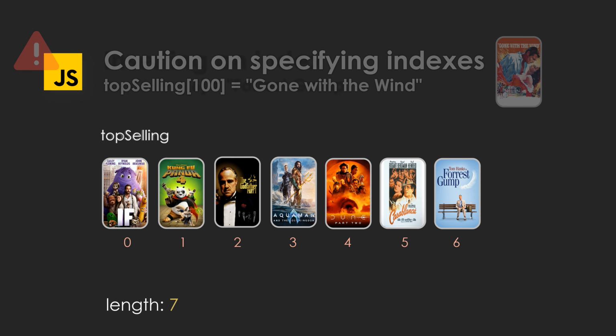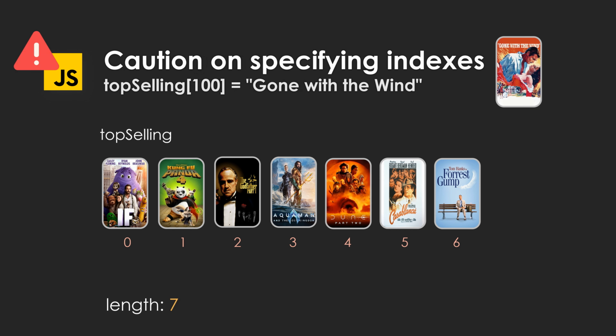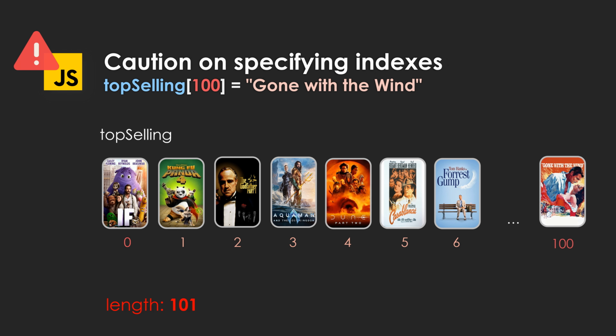However, this kind of operation can lead to a critical error. At this moment, we have an array with 7 movies. The last index is number 6. Try guess what will happen if you try to add the movie Gone with the Wind in the index number 100. One tip: JavaScript will not block this operation. After run this command, JavaScript did exactly what was specified.